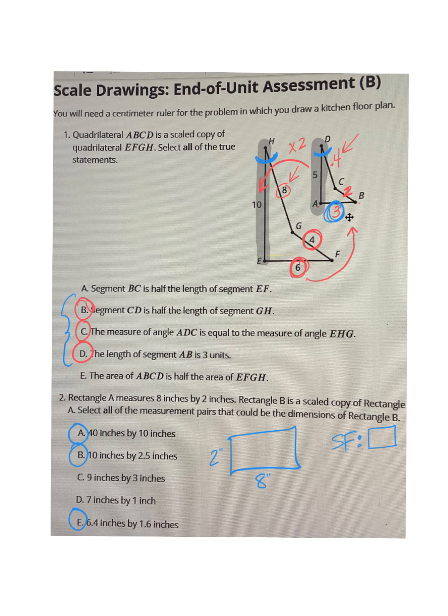But remember, you have to multiply every side by the same number. So the numbers we're working with are 2 and 8. The reason why A is a correct answer is because I'm multiplying both numbers by 5. 2 times 5 is 10, and 8 times 5 is 40. So your scale factor is 5.